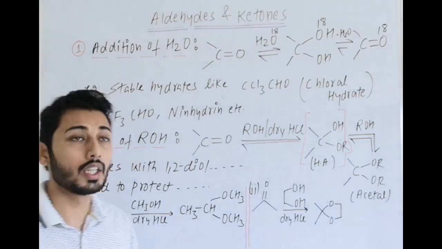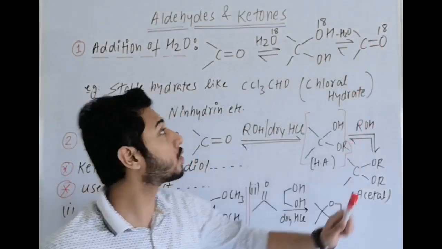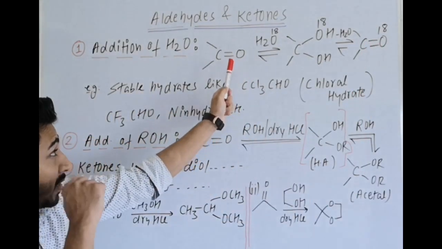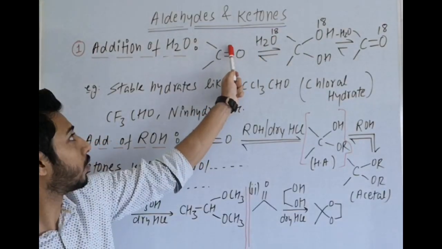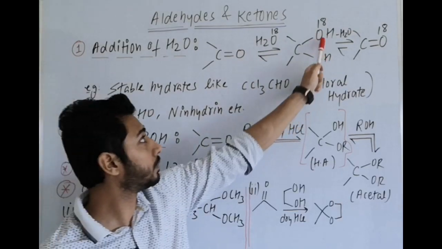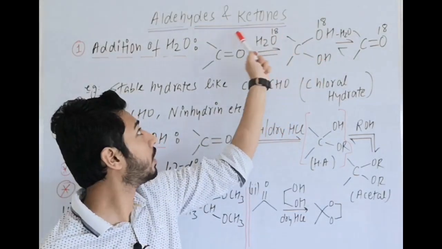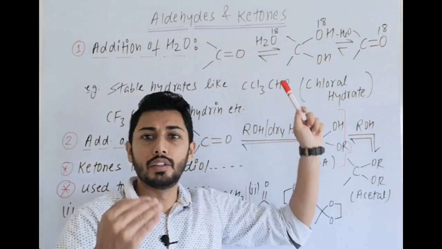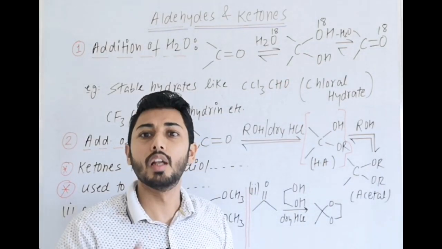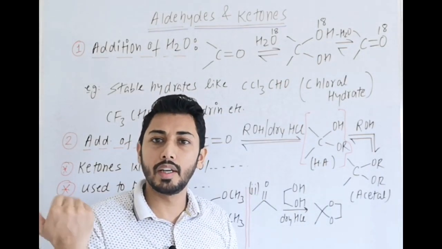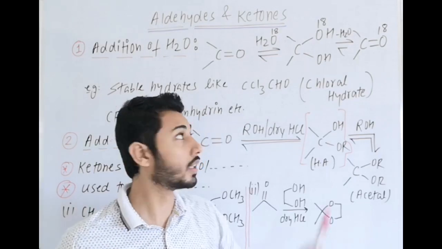In this reaction the nucleophile O18H will attack there, O minus will take H plus. This O18 will add on the carbonyl carbon. This is hydrate formation, and these hydrates are generally not stable. That's why water quickly eliminates and again the carbonyl group is there.